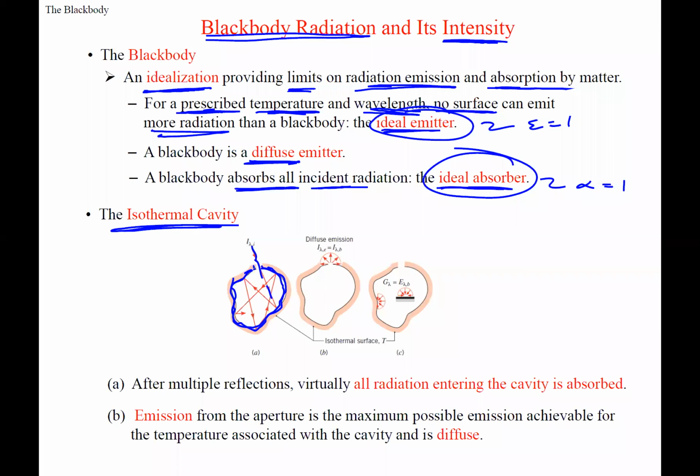The same thing happens for emission. Because of this small hole, you get nice diffuse emission coming out of that little aperture.